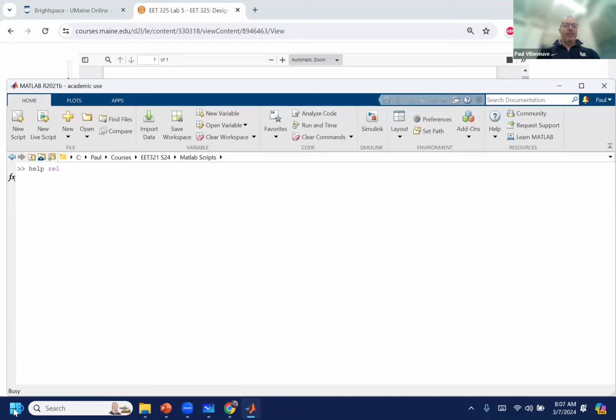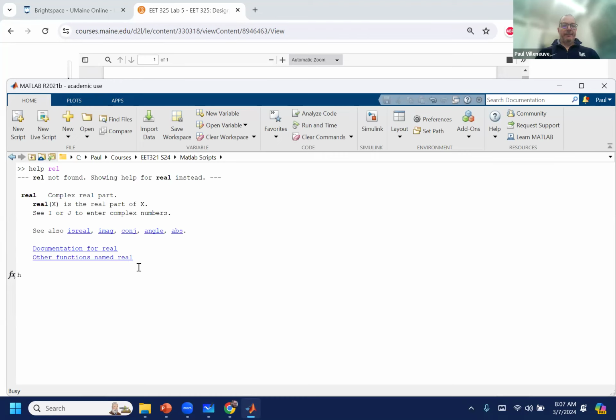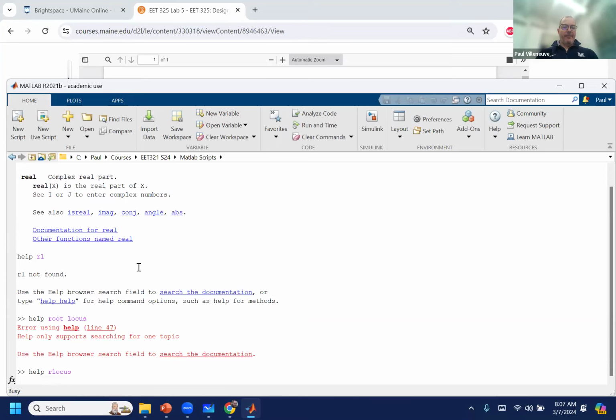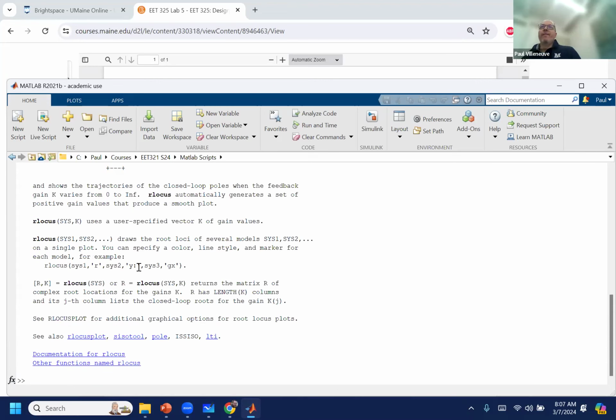Root locus. You could certainly do that, but all you need to do is this root locus plot.